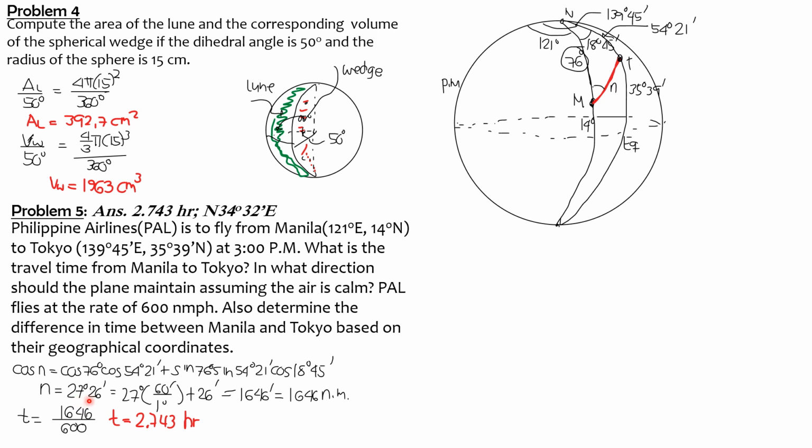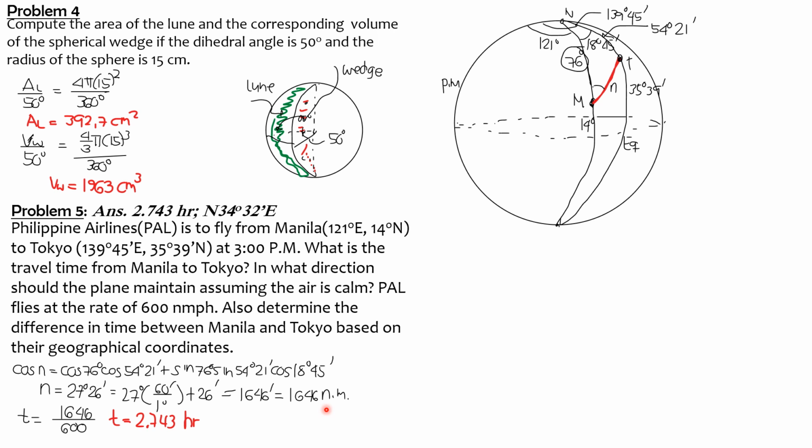So let's convert that to minutes. 27 degrees times 60 minutes per degree plus 26 minutes. So that's 1,646 minutes. And since 1 minute on the terrestrial sphere corresponds to 1 nautical mile, the number of minutes is also the number of nautical miles, 1,646 nautical miles.